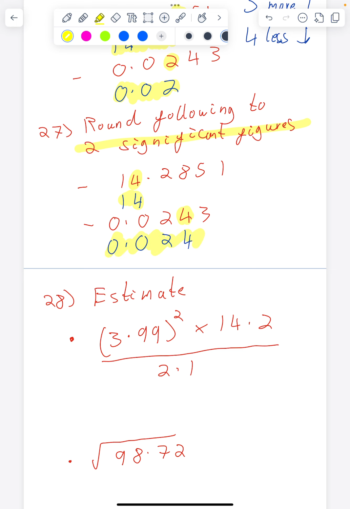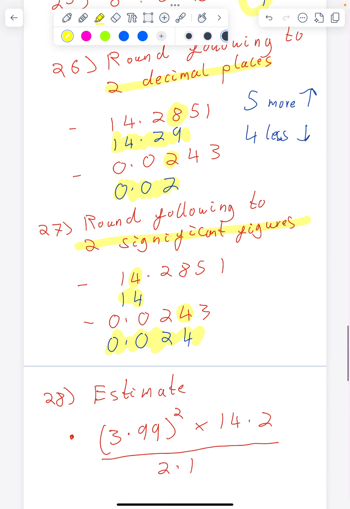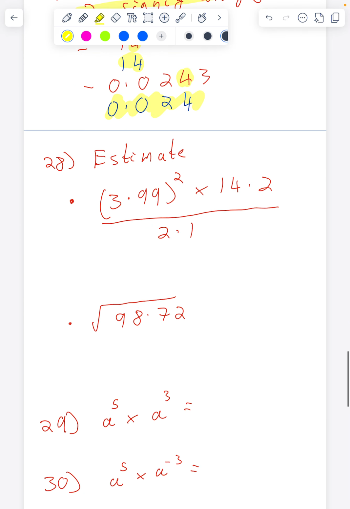Okay. So very important that you can distinguish between rounding to decimal places and significant figures, because you could get a one-off question on it, but also your answers often ask for things to be rounded. Question 28. Now, unless stated otherwise, with estimation questions, and this is very likely to come up on the non-calculator paper because estimation is all to do with not using a calculator, unless stated otherwise, you always round to one significant figure, SF.